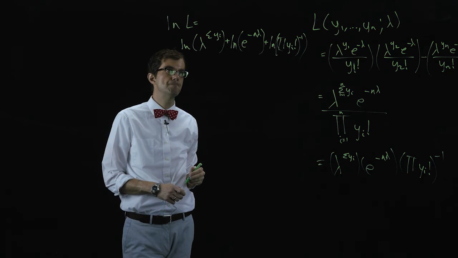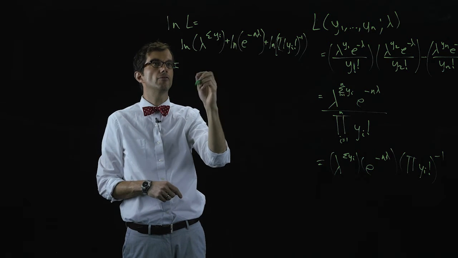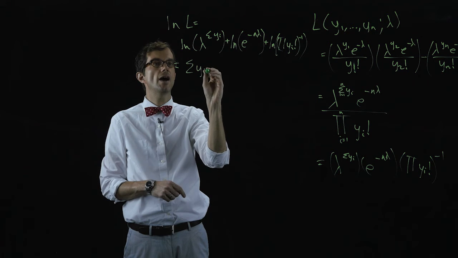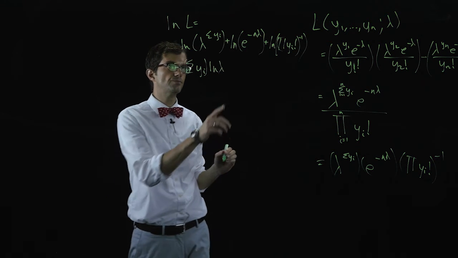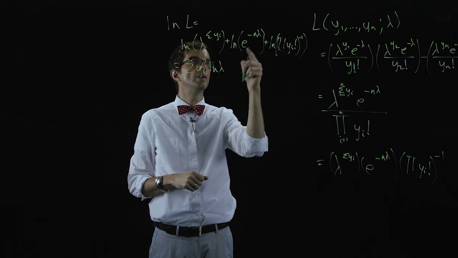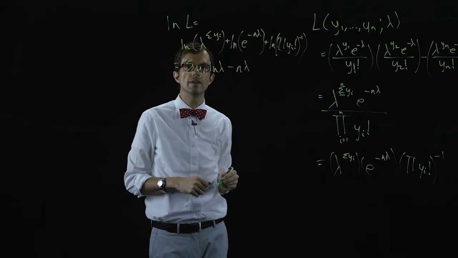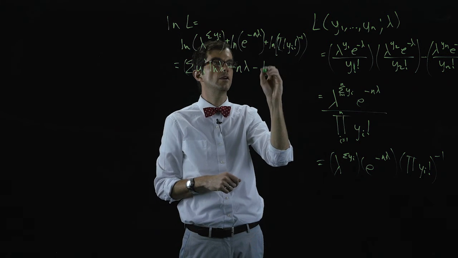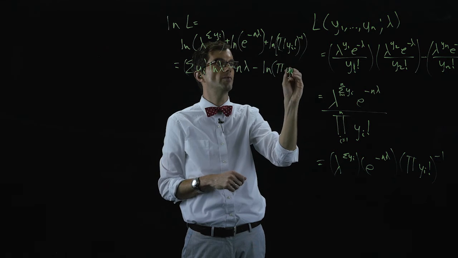Okay? So then we could rewrite this, we could bring this out front, right? So that's the sum of y sub i's times the natural log of lambda. And then this would be the natural log and the e canceled out, so that's just negative n times lambda. And then here we have the negative 1 that comes over here, so that's just the negative of the natural log of the multiplicative sum of y sub i factorial.